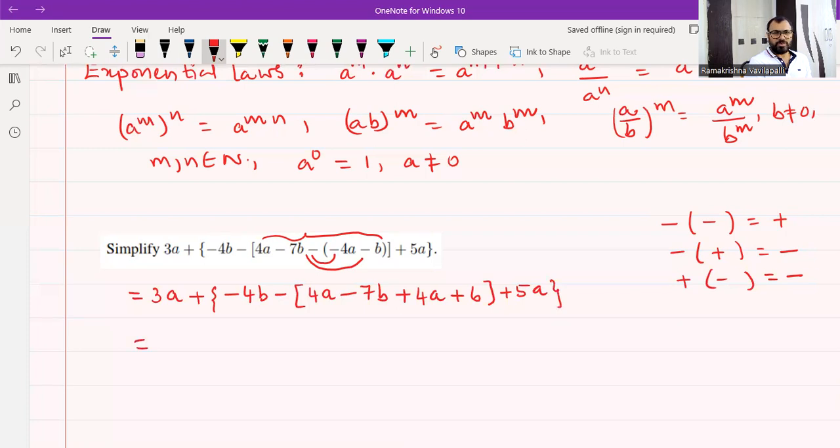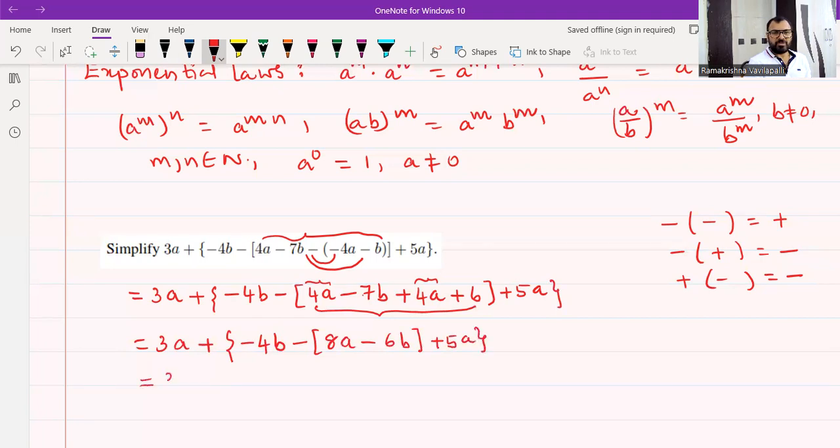So this is equal to now 3a. It seems to be very simple, but difficult also. Minus 4b. Now you see you have to simplify the inside bracket first. Here 4a like term 4a, totally 8a. So minus of 8a, minus 7b plus b, minus 6b, plus 5a, one by one.